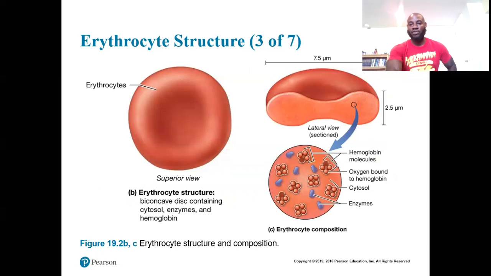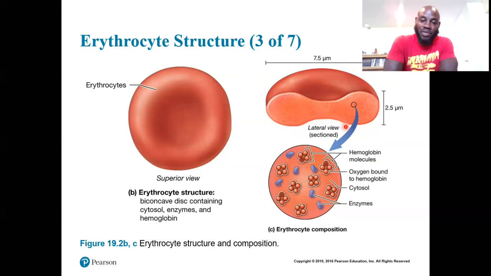So here we have the structure of the red blood cell, the erythrocyte, the RBC, as we have heard and called, right? So you have this biconcave disc, right? Biconcave, so two sides that are both concave. That means sort of dented in.